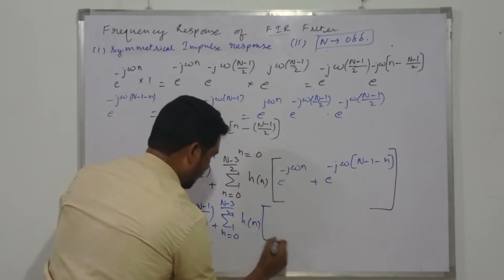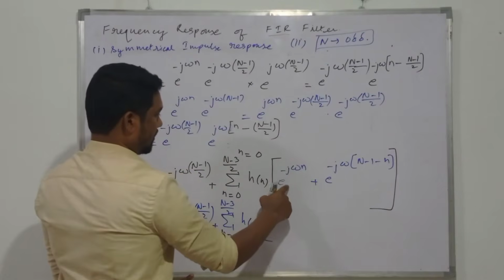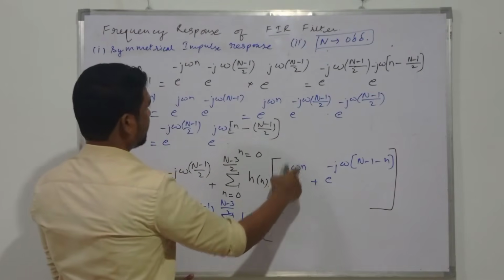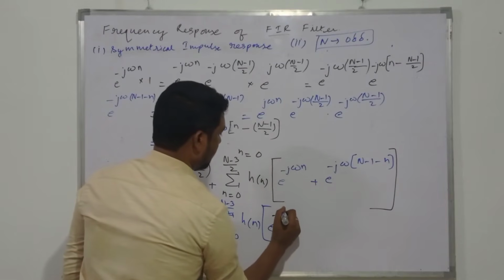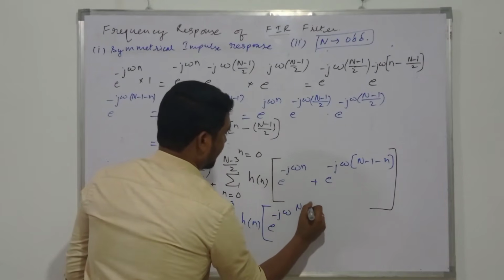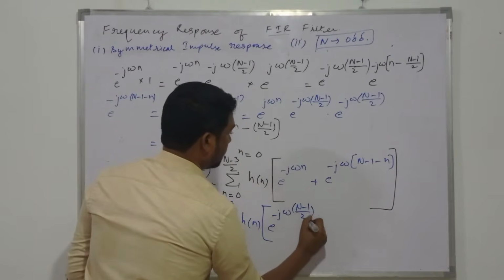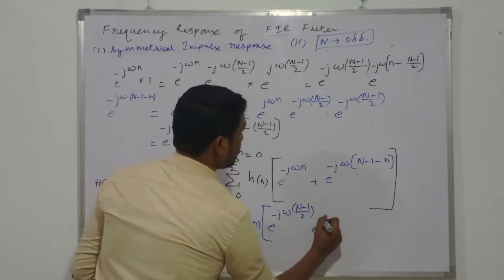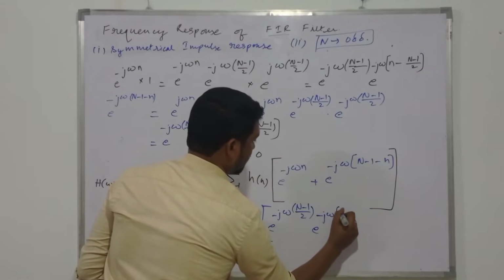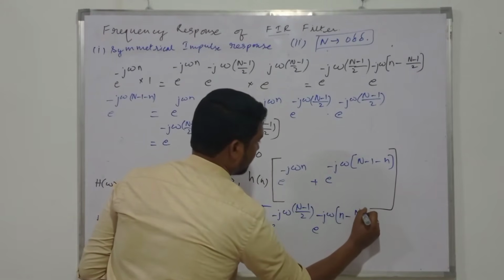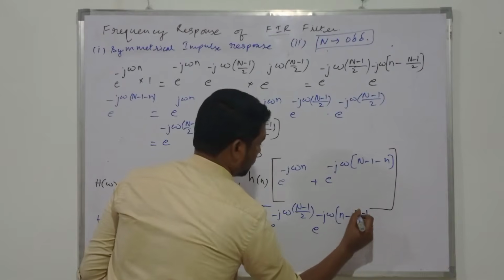Close the big brackets. What do we have? This e raised to minus j omega n has taken this form. What is that? E raised to minus j omega (n minus 1) whole by 2 into e raised to minus j omega, close the bracket, (n minus 1) whole by 2.